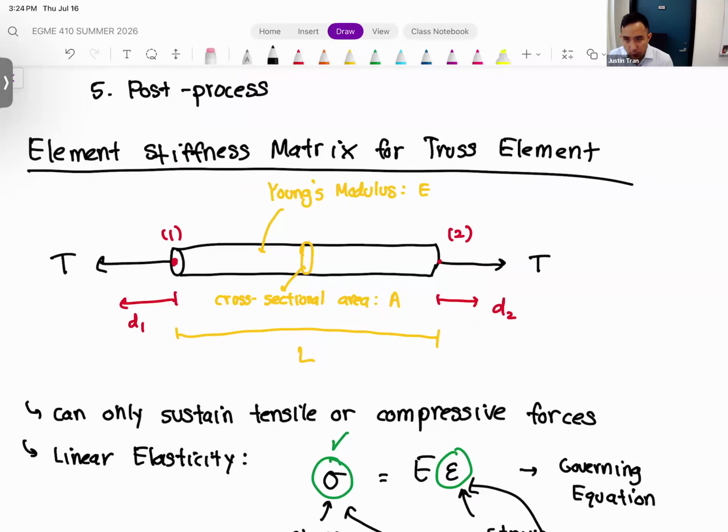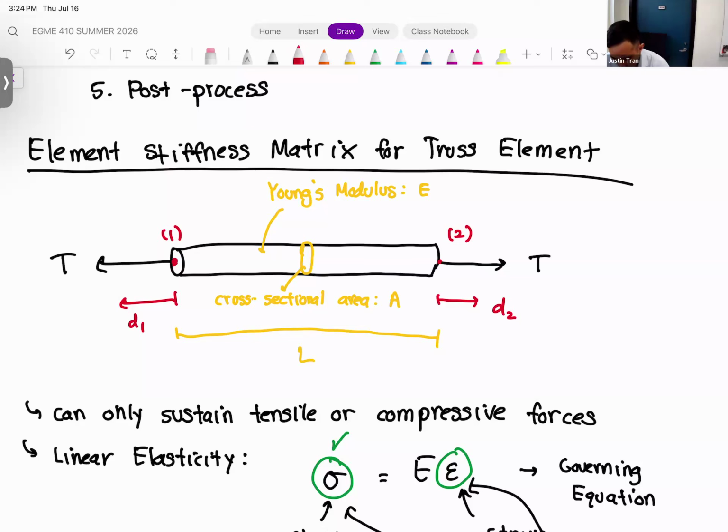Next thing that we're going to do: let me go back up to the figure here, and I apologize, I neglected to write this into the figure at first. If you recall from the way we set up our springs, not only did we define the deformations at the nodes D1 and D2, we also defined the forces that were applied on those nodes too.